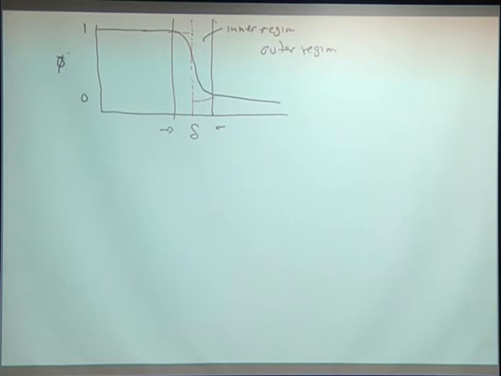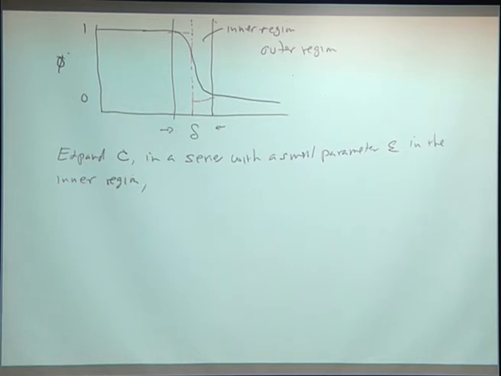Outer and inner region. What you do is you write an expansion for various parameters, say temperature, let's say C, in a series with a small parameter epsilon in the inner region. And you basically do that by coordinate stretching.